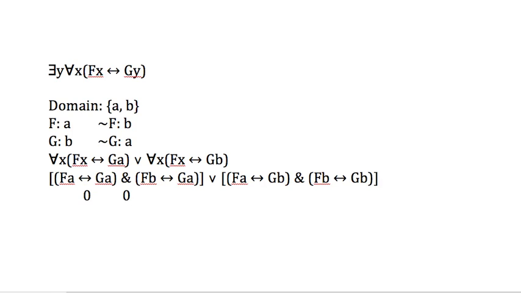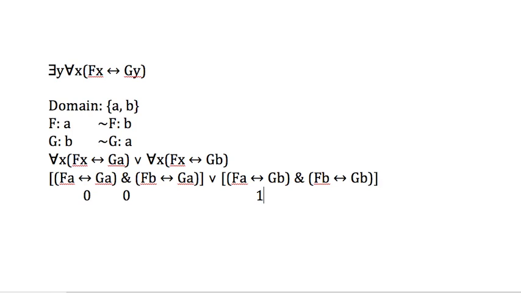So it all depends on this second bracketed expression. FA if and only if GB. Well, that's true. FA if and only if GB is true. So far so good. We have a true here. But the statement in these square brackets is a conjunction, so we have to look at the rest of it. FB if and only if GB.